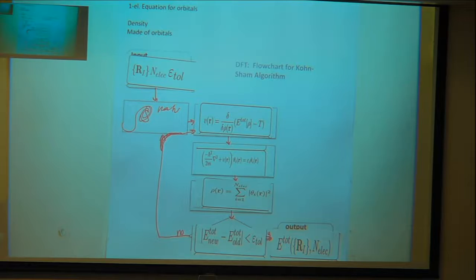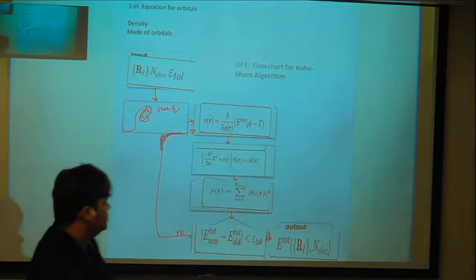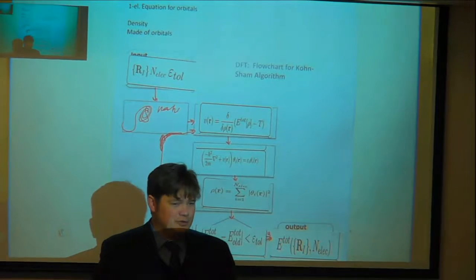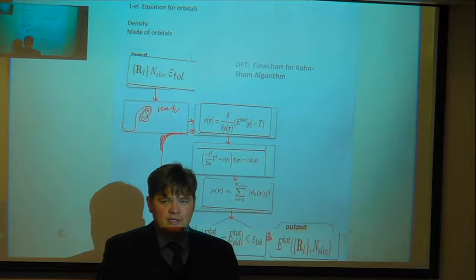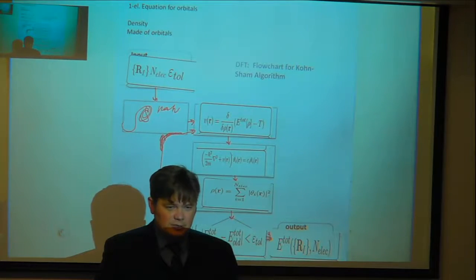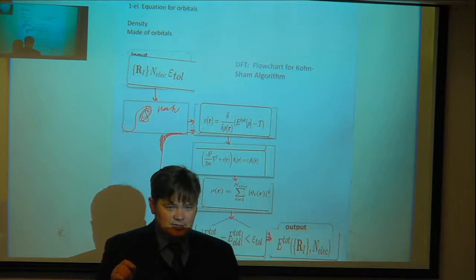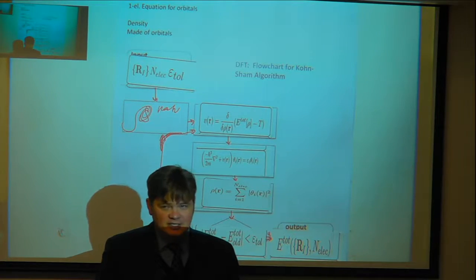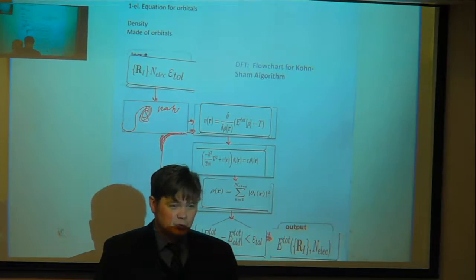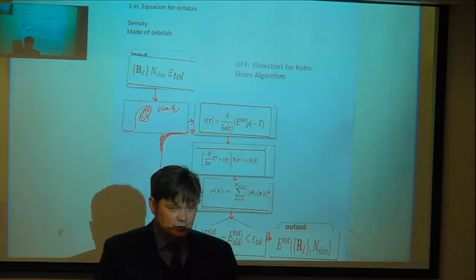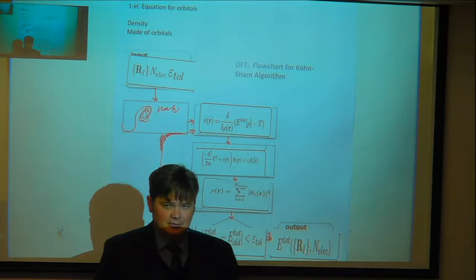From now on, you are ready to write methodology sections for your papers. You need to type in these equations in Microsoft Equation Editor, give them numbers, first, second, third, and connect them by words instead of arrows. So we describe electronic structure with density functional theory.